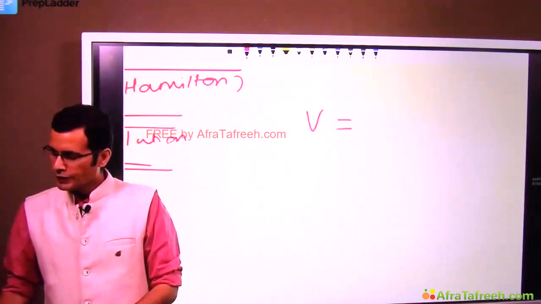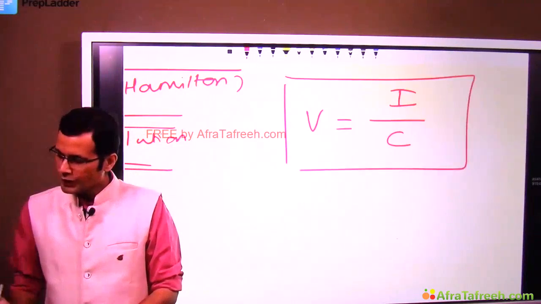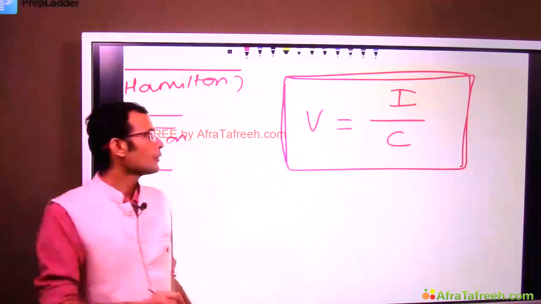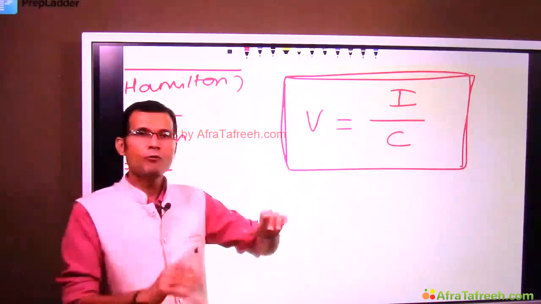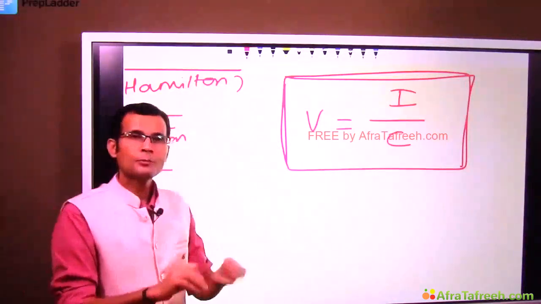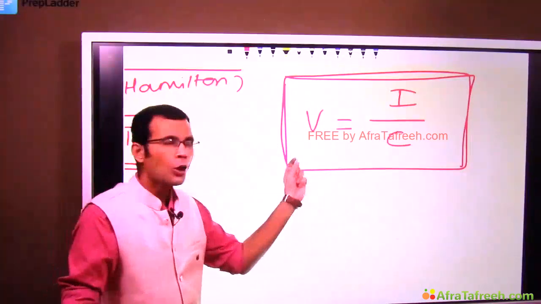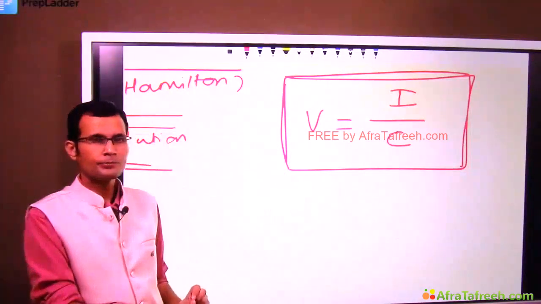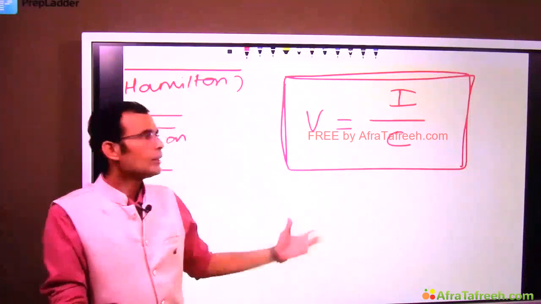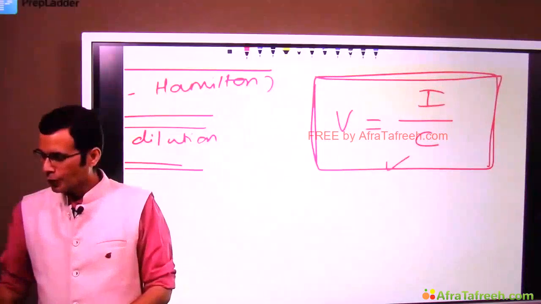So it was V equals I upon C. That was the equation that we used. I was the initial volume of the dye injected, and then it got dispersed into that compartment, and then we collected the sample and measured the concentration of the dye, and that tells you the volume of that compartment. Yes, this was for the body fluid compartment.